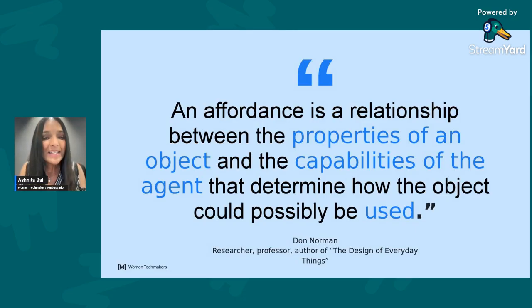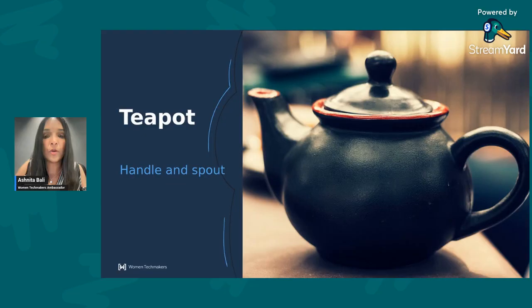So it's much easier if we have a look at an example object, and teapots are a really cool example to explain affordance, because just the design of the teapot lets the user intuitively know how to interact with it. So the spout and the handle are the properties of the teapot. Spout affords the content being poured out, and the handle affords being lifted up.